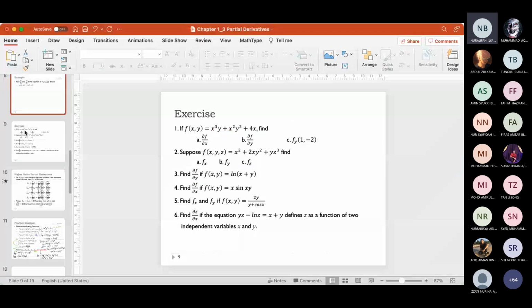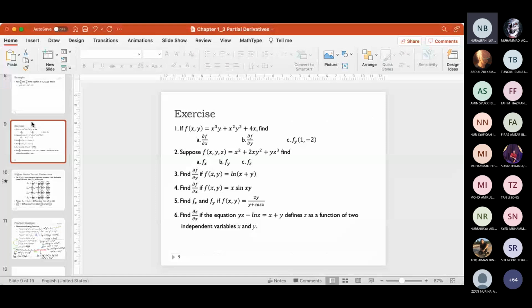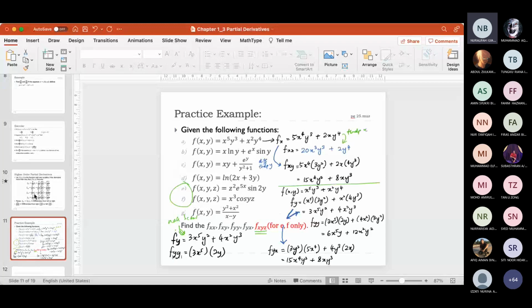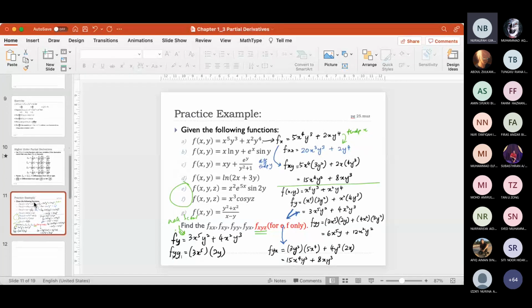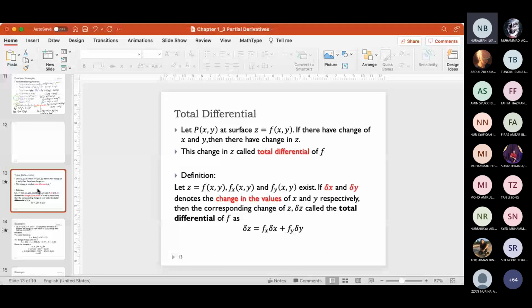Exercise ni dah belum? This one. Dah buat ke belum? Dah kan? Tengok ni. Okay, this exercise, dah kan? Total differential belum. This one done, is it?